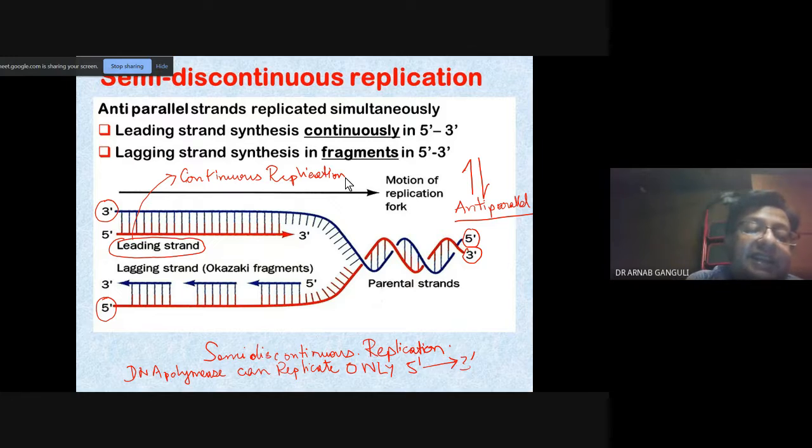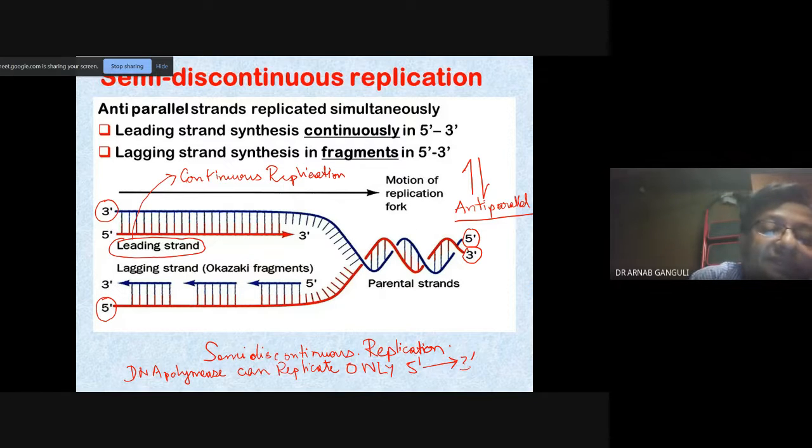In the red strand, this is a 5 prime to 3 prime direction, and you know DNA polymerase cannot do it in the 3 prime to 5 prime direction. So it can only do it in the 5 prime to 3 prime direction. So what happens over here is, when it is opened, the lagging strand is discontinuous.